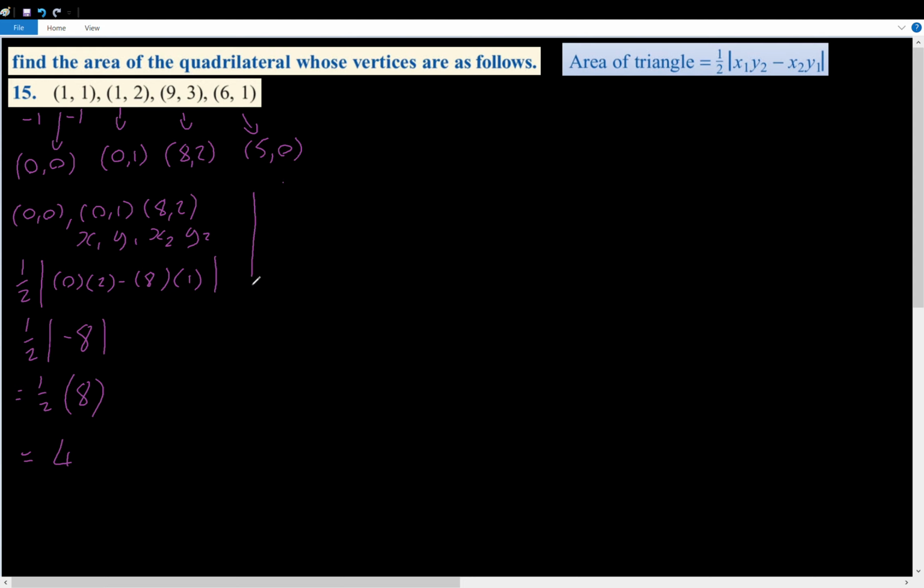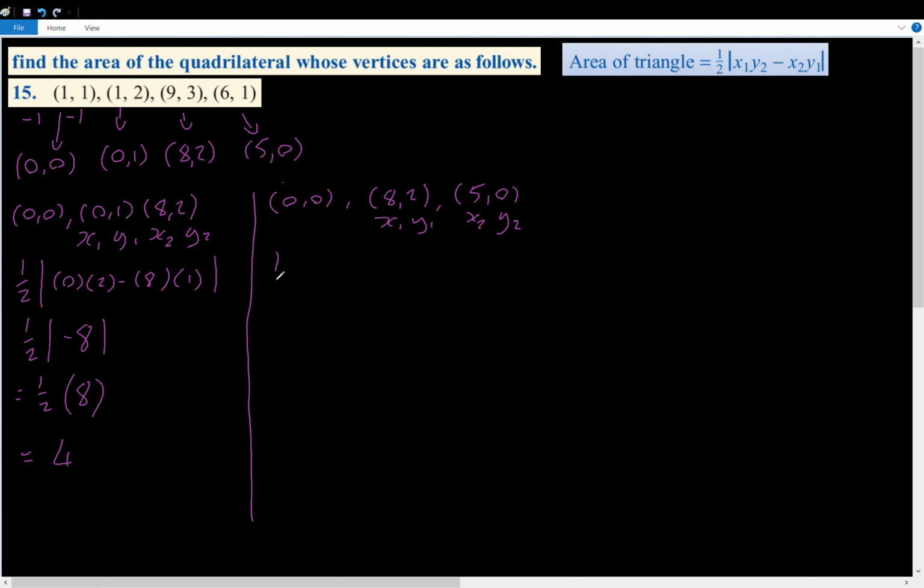For our second area, we're going to take the point 0, 0, because we always need the origin point for this to work. We're going to take the point 8, 2, and the point 5, 0 this time. Which means 8, 2 is our point 1, so that's x1 y1, and 5, 0 is our point 2, so we have x2 y2.